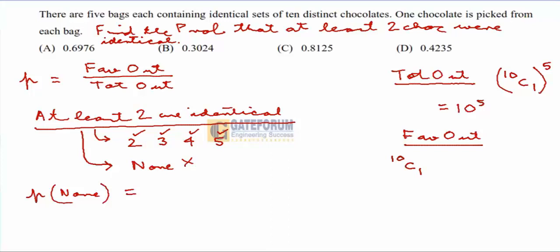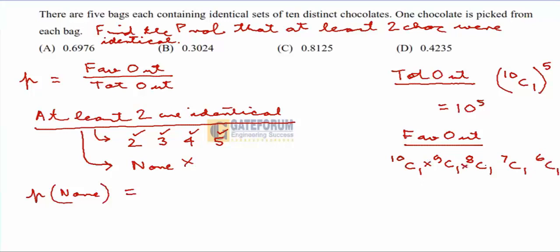So I will pick up one chocolate from the other 9 types present, and that I can do in 9 C1 ways. In the third bag, I will ensure that neither the type of the first bag, nor the type that I chose from the second bag, are in my option list. So I will select from the 8 chocolates left. Likewise, from the fourth bag, it will be 7 C1, and from the fifth bag, it should be 6 C1.